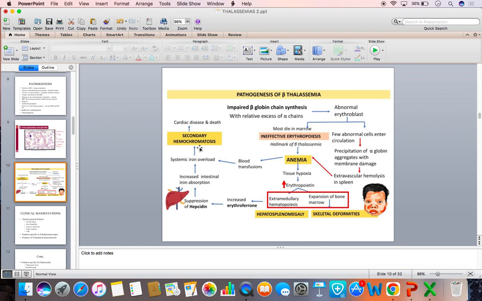This results in secondary hemochromatosis, organ dysfunction, cardiac disease, and death. This is the pathogenesis of beta thalassemia, and the course of events occurs just because of the mutation of the gene controlling the beta globin chain.